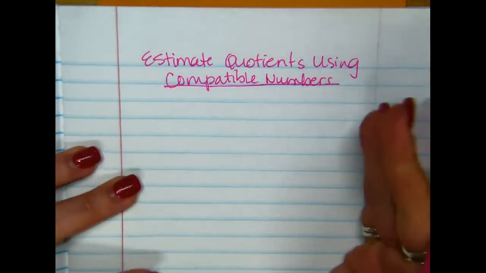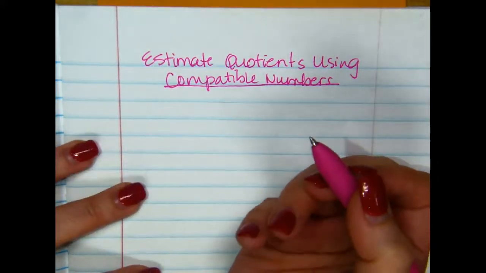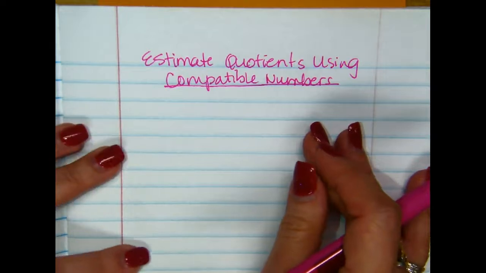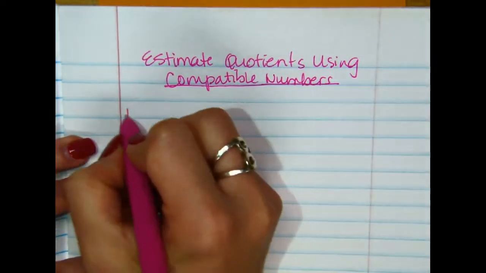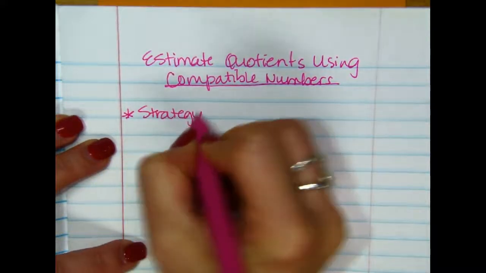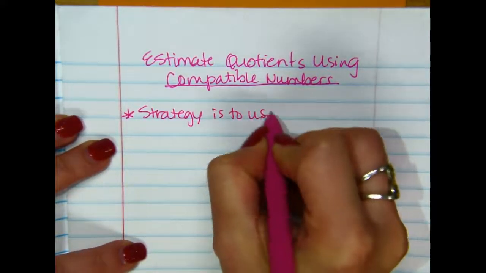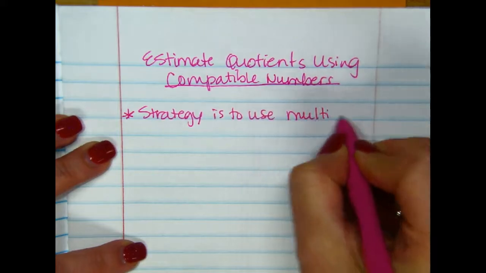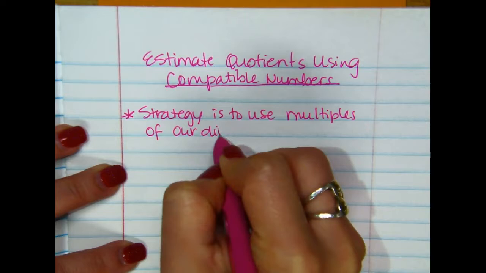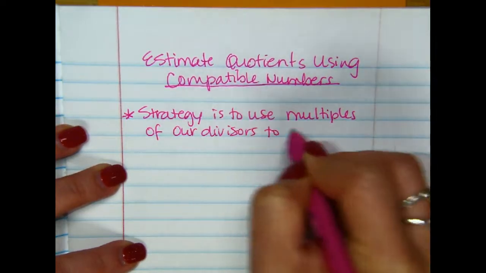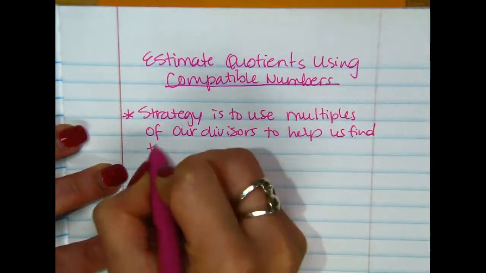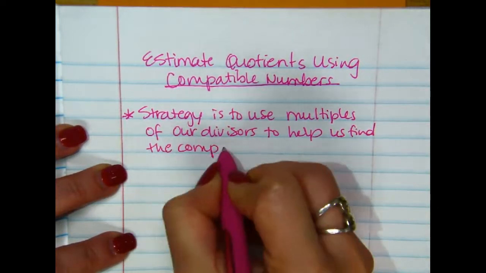So estimating quotients using compatible numbers is totally different than any of the other estimation we've done before. So I really need you to pay attention today. One of the big key things we will use, a strategy, is to use multiples of our divisors to help us find the compatible number.